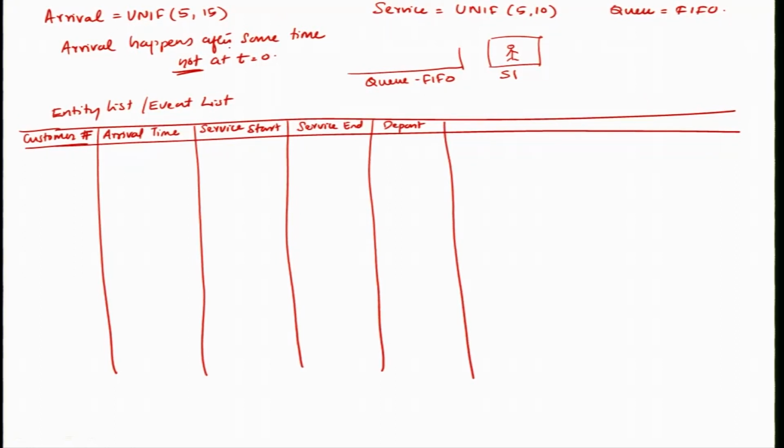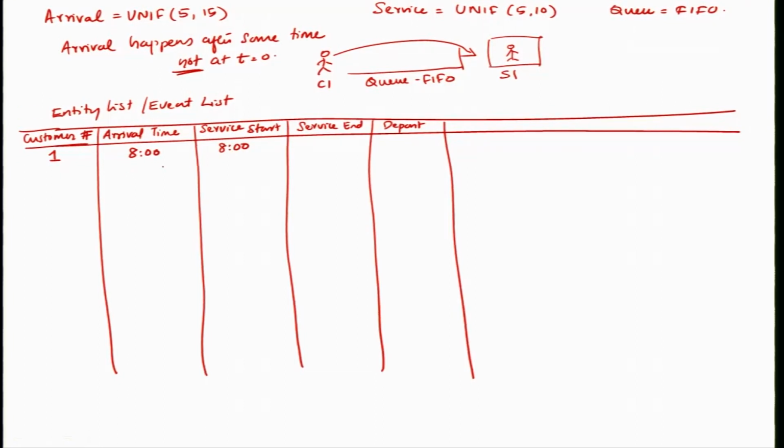So, I am taking a random value, I take the first random value as 8. So, the customer 1 arrives at the 8th minute. C1 comes and he checks: is the server idle? Yes, server is idle. So, he goes straight to the server. So, the service can start at 8.